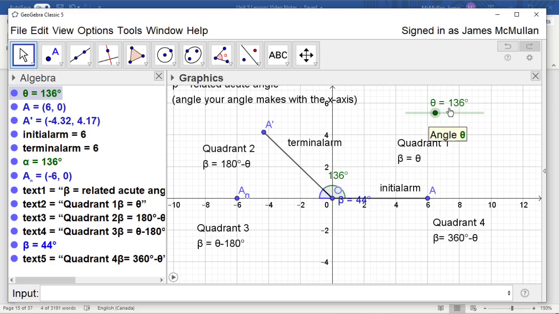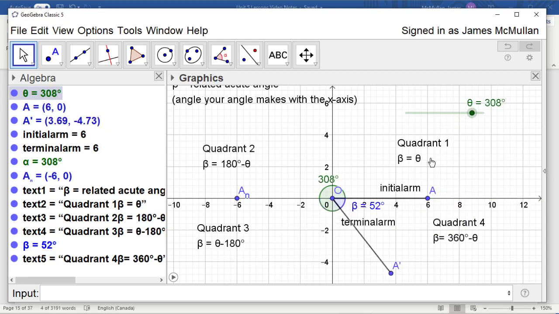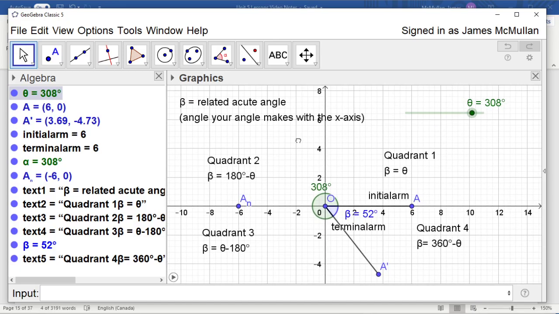In quadrant 3, beta is how far past 180 you went, so you take how far you went and subtract 180. Finally, in the final quadrant, beta is whatever you would need to get to 360, so you just do 360 minus your angle theta.